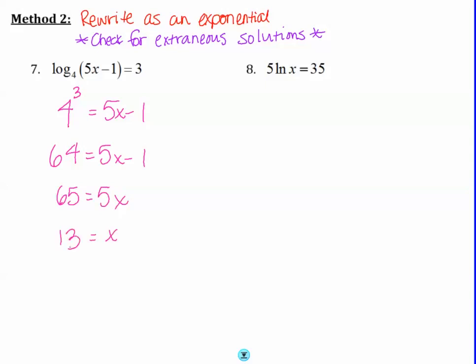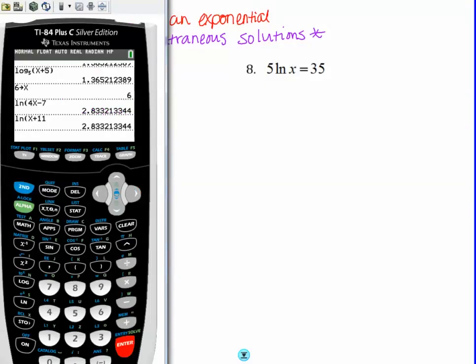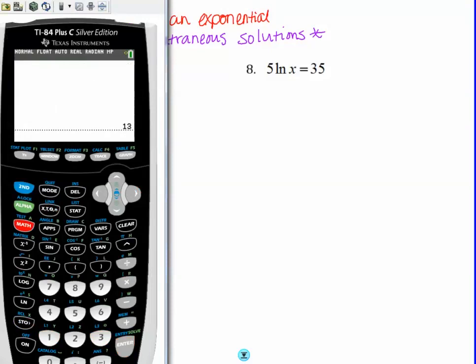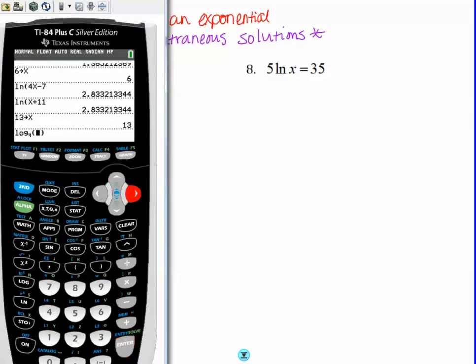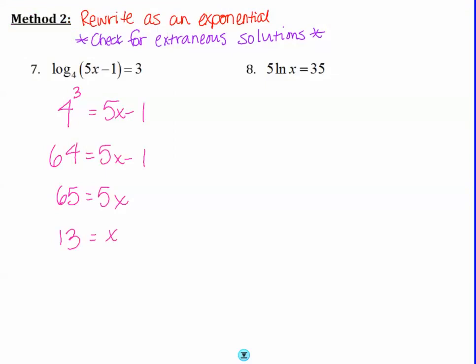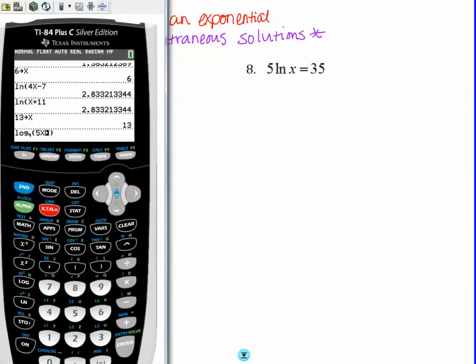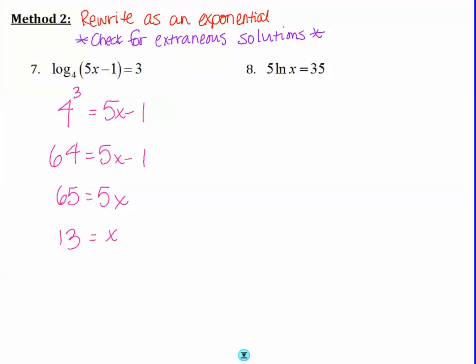And again, you do need to check for extraneous solutions. So if I do 13 store for x, then log base 4 of 5x minus 1, I get 3, which is what it was supposed to equal.